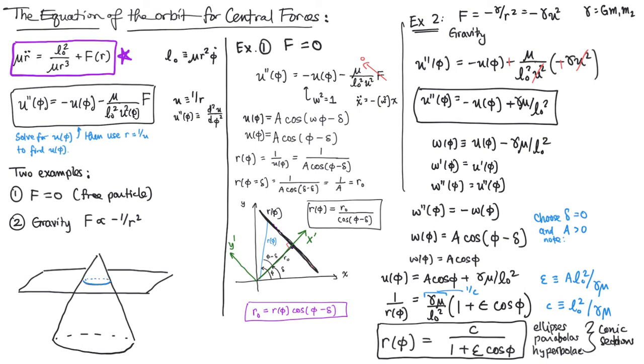You could also slice with the plane at an angle relative to the base, at a slight angle, and then you get an ellipse. If the plane were parallel to one of the generating lines of the cone, then you would generate a parabola like that, and steeper than that, you would generate a hyperbola like this.